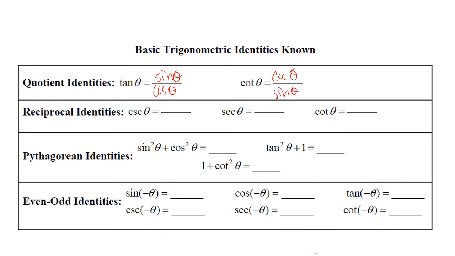You could also write them in terms of secant and cosecant if need be, so just know how to work backwards to get here. But ideally, we want to focus on things in terms of sine and cosine, and occasionally tangent.